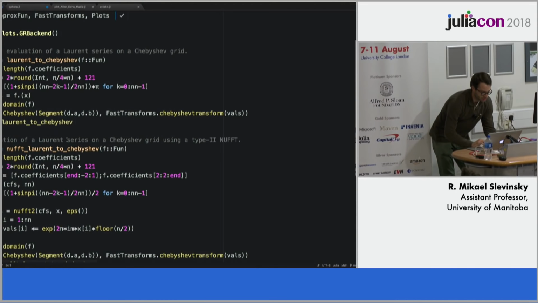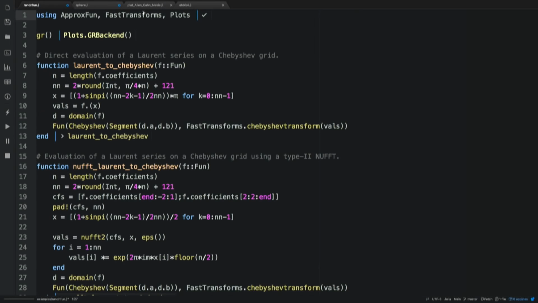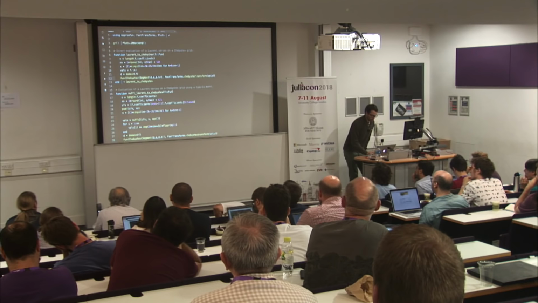So what I have is two functions. I think I have preloaded this. Basically we have this function here, Laurent to Chebyshev, which essentially does that directly, and which is slow, right? Because it's going to take an amount of time that depends on the length of your representation times the size of your grid. And then we end up with essentially an approximation fun in the Chebyshev space on an aperiodic version of the same domain.